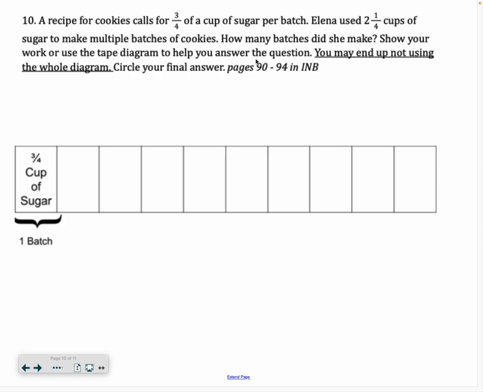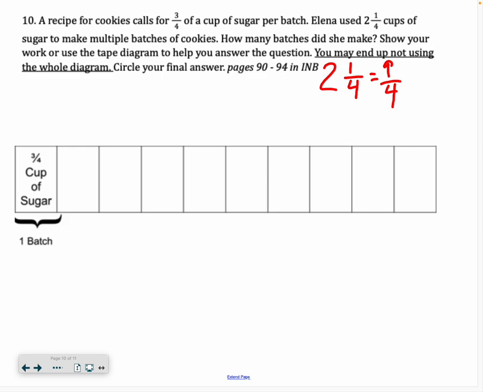Now, because I'm going to be counting by 3/4, it's going to be beneficial to turn 2 1/4 into an improper fraction. Okay, so 4 times 2, 8, plus 1, 9/4.